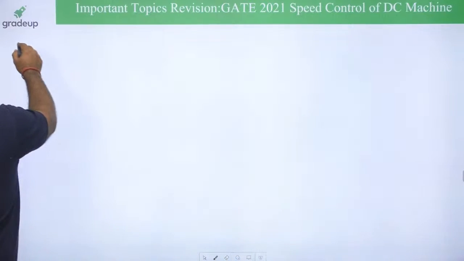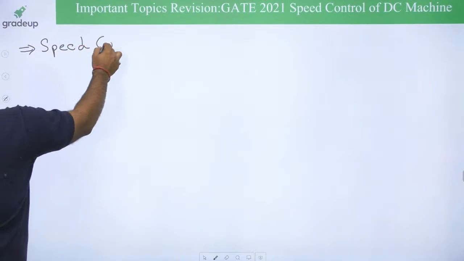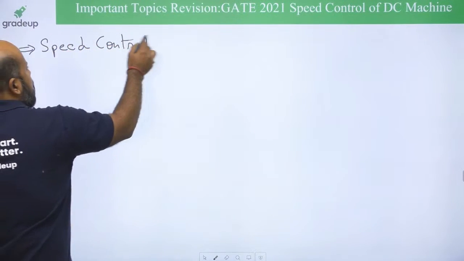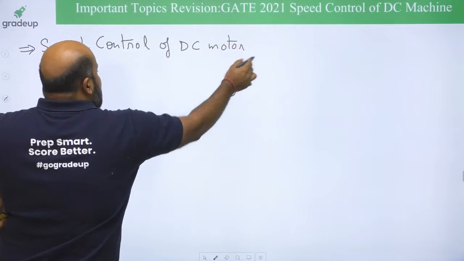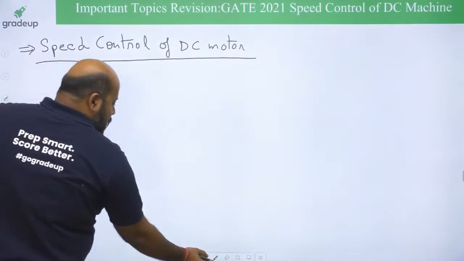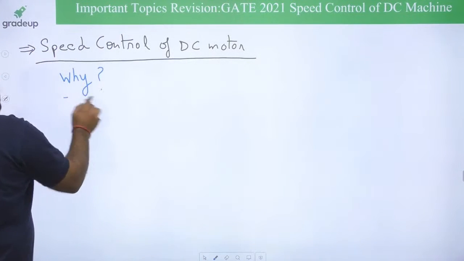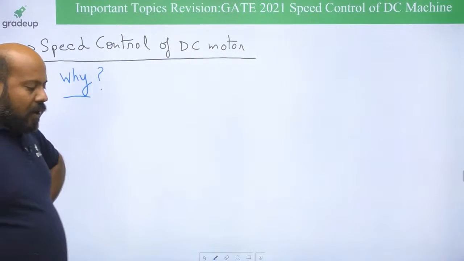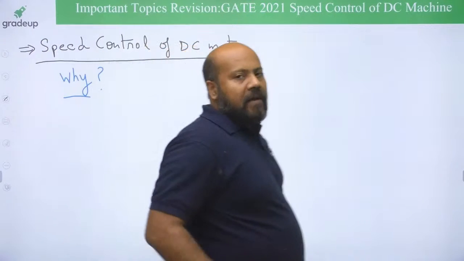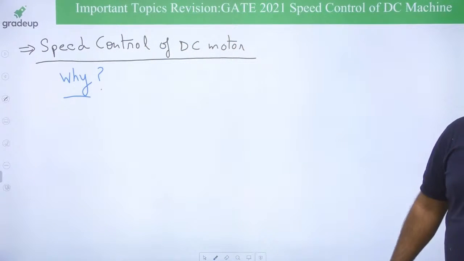Now let us start with the topic that we want to discuss, that is the speed control of DC motor. The first thing you have to understand is why you want to control the speed. Why do you want to control the speed of any motor? Because you want to drive a certain load, and for that particular load there is going to be a desirable speed.